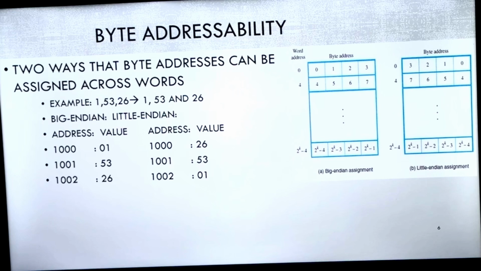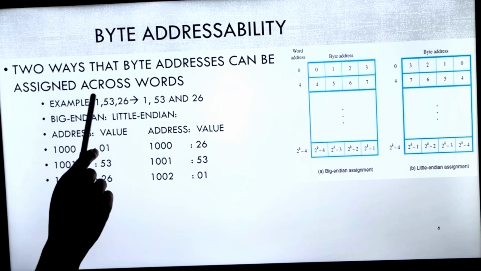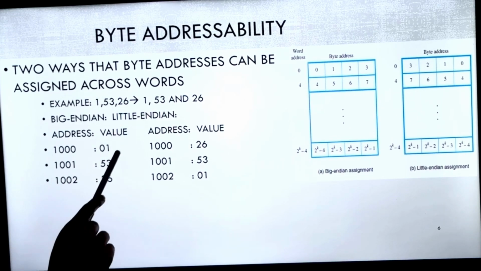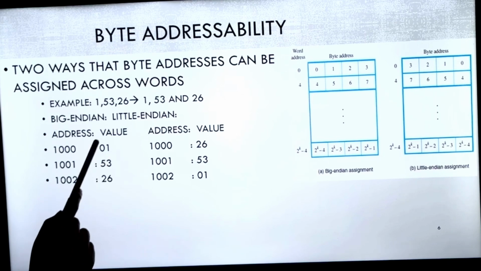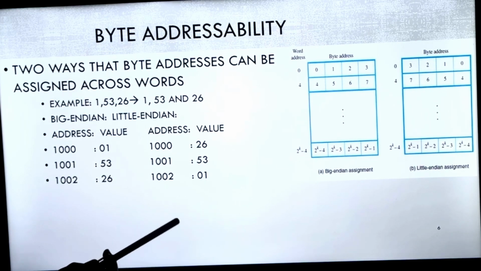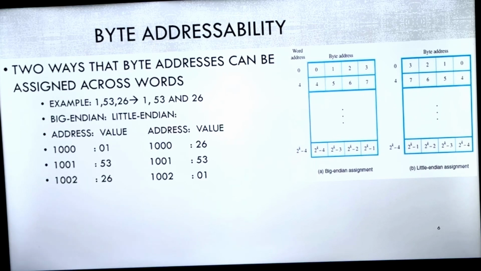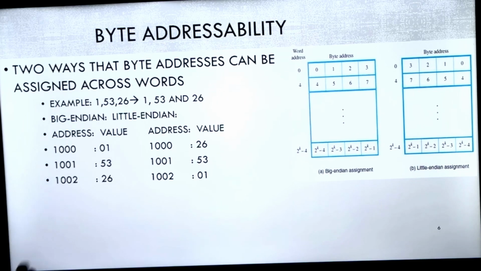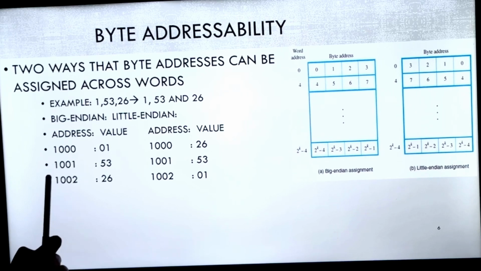Fine. So what I will do, the first number 1 will be stored in memory location or memory word number 1000. Maybe it's given in the exam. If you get such a question, then you will be given the addresses also. What are the available spaces you have? 1000, 1001 and 1002.